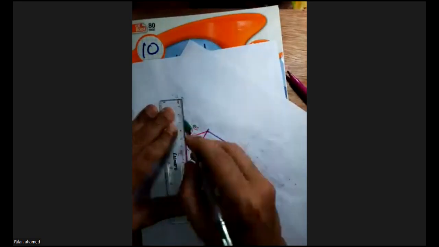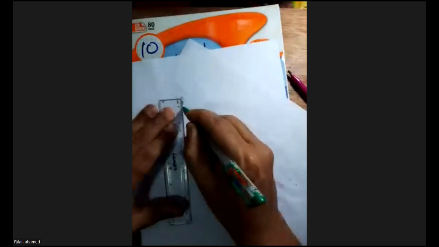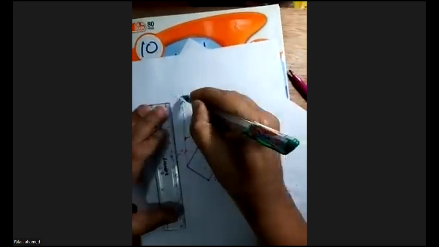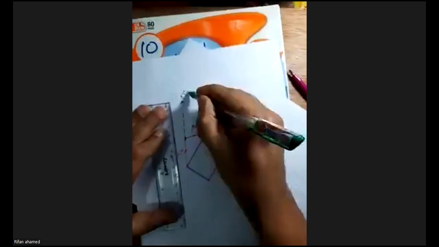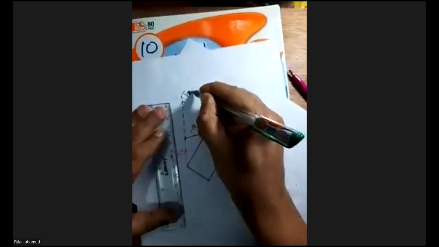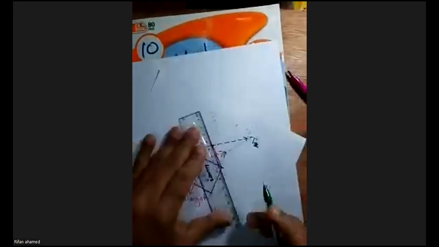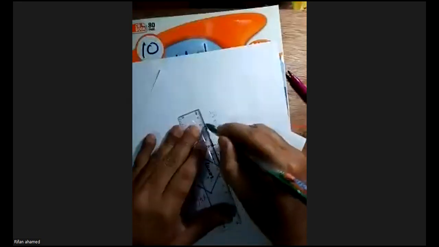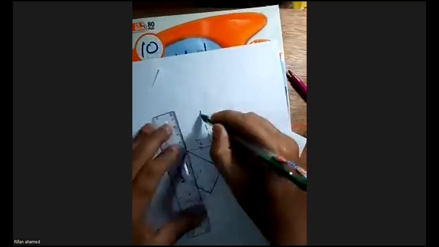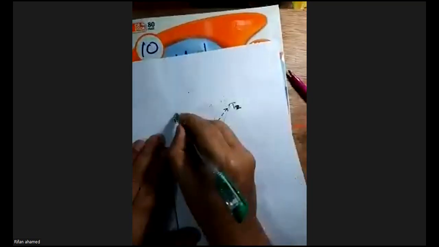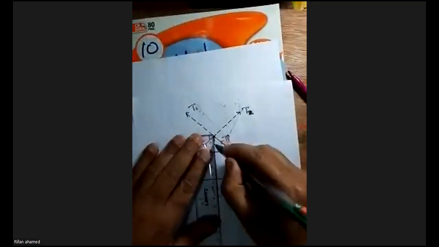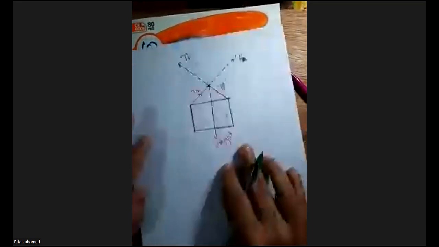T1 is working in this direction, T2 in this direction, and W is working in this direction.